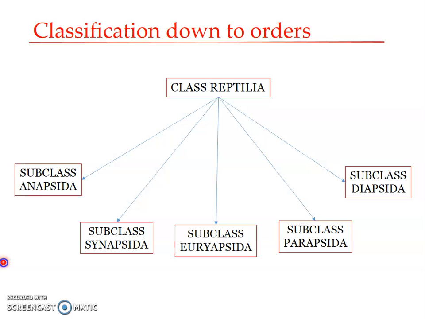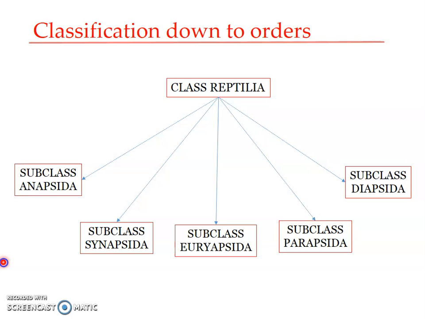You can see here that apsida is a term which is recurring in all the names of the subclasses, and apsida here refers to temporal fossa. It is a cavity in the skull of reptilia. And the prefix of the particular term represents the nature and the number of temporal fossa in the skull of the reptilia.